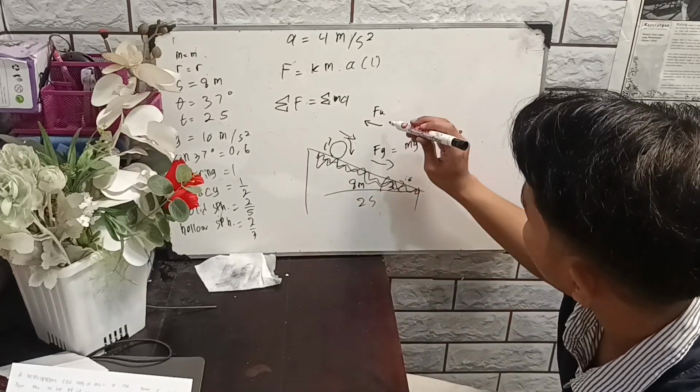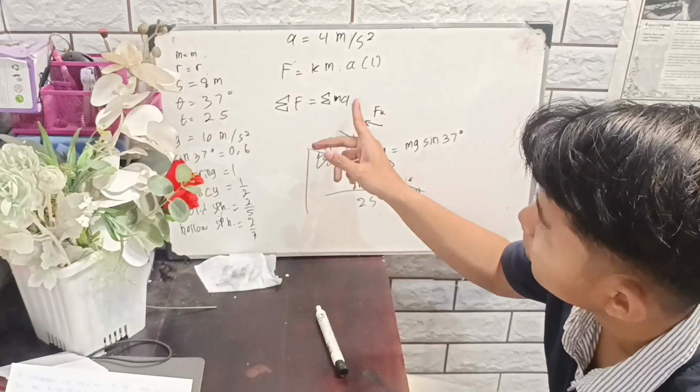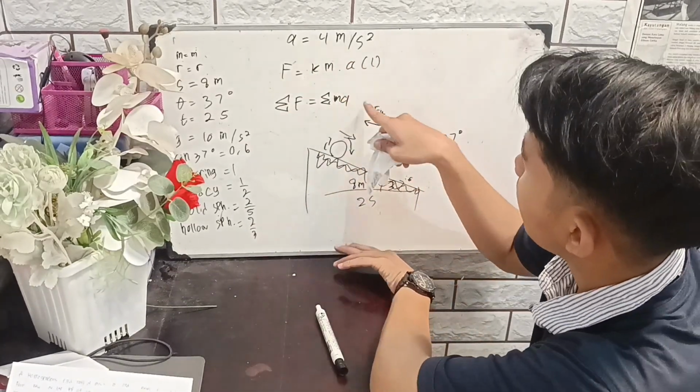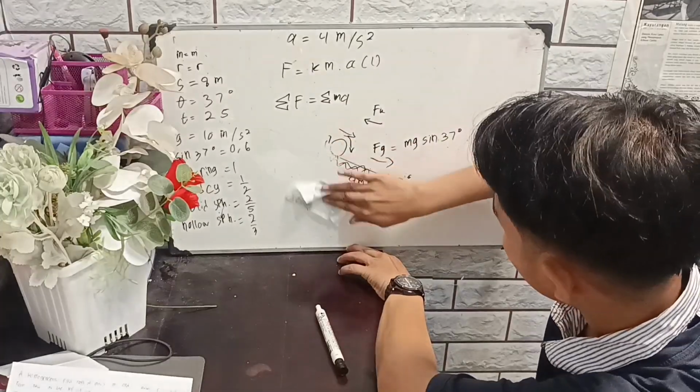Here we don't know the constant k, so we use that F is equal to this.